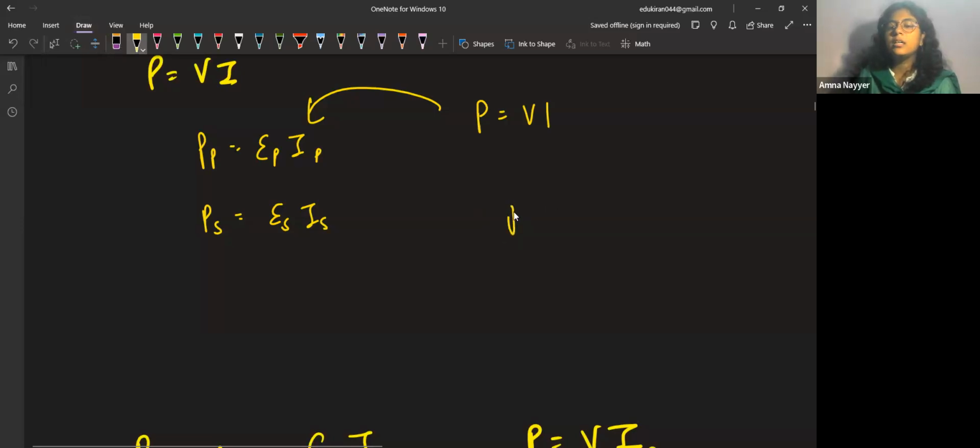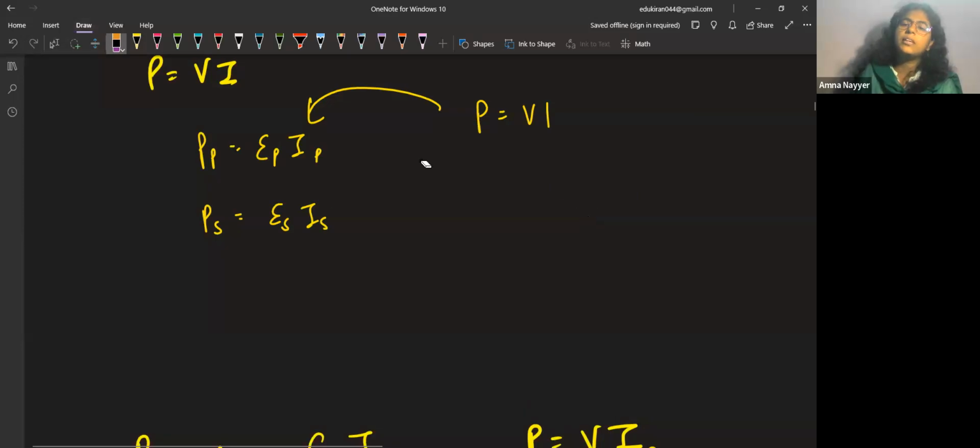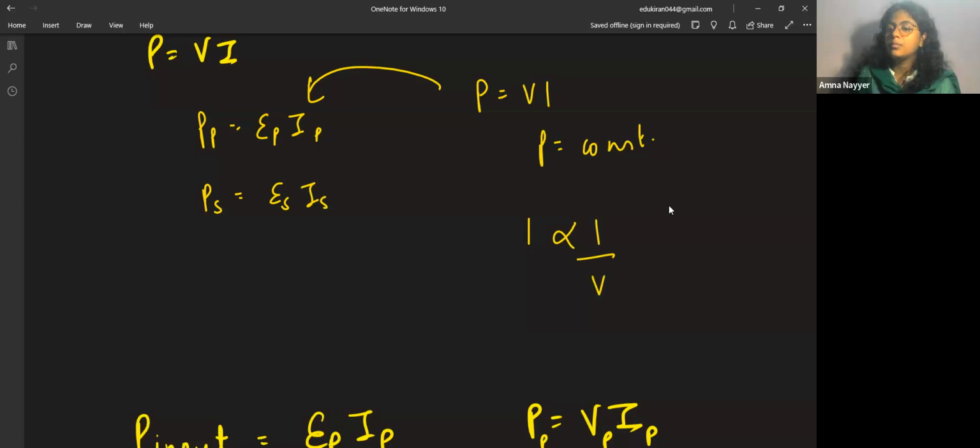Current will be opposite because see, if you take their ratios, resistance will be the same, if we go by Ohm's law. What is Ohm's law? Ohm's law says that V is equal to IR. But let's not go into Ohm's law because here again resistance will come. Even if we just consider this relation, P is equal to VI. If our power remains constant, then I and V are inversely proportional, right?